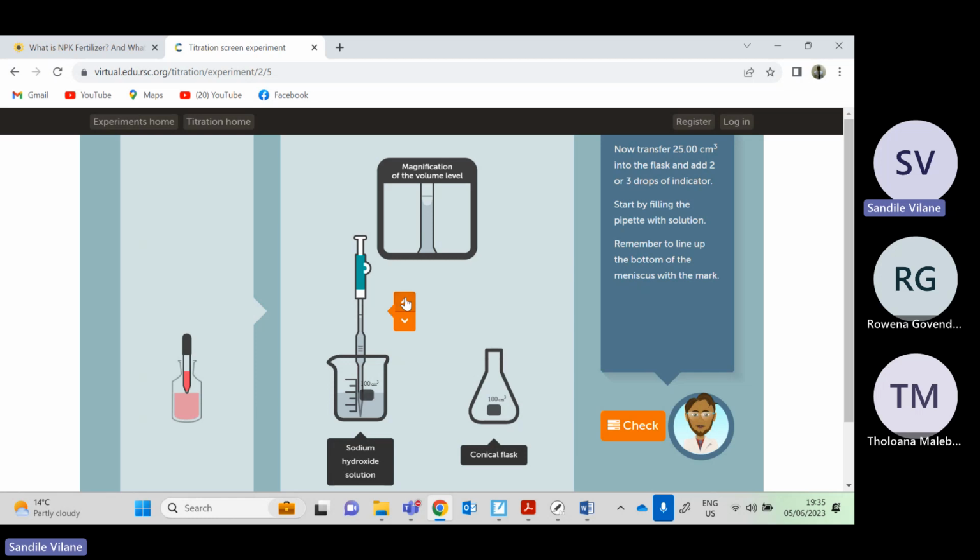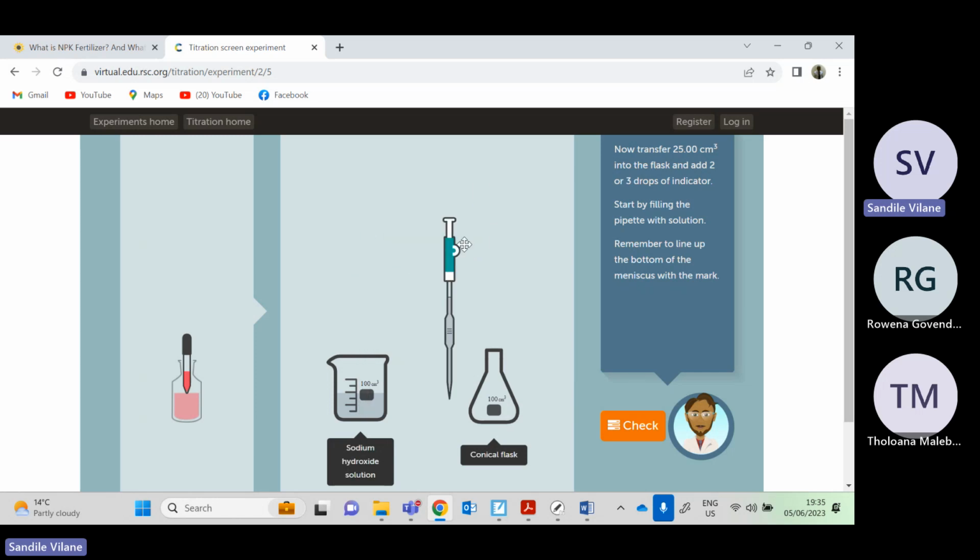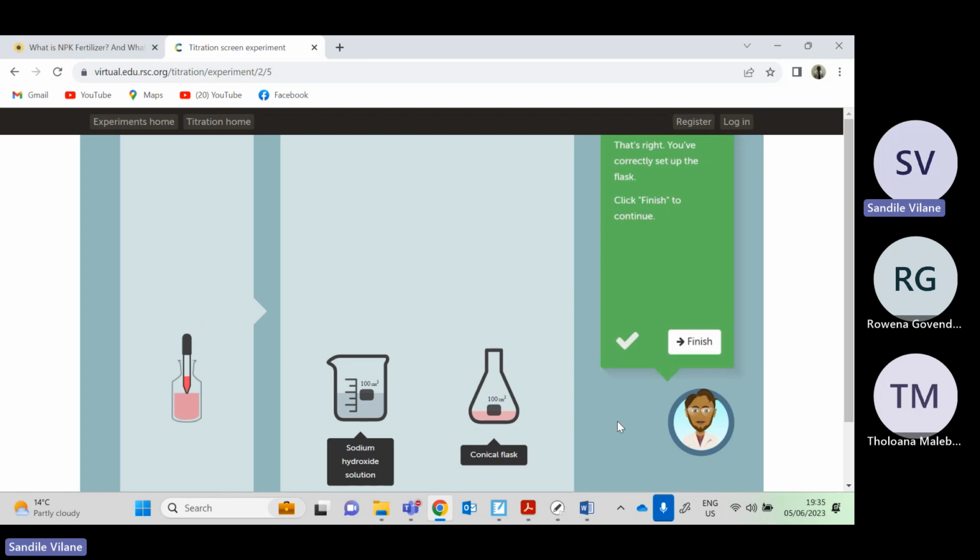There we go. And then we are going to now transfer this. And then we add 2 or 3 drops of the indicator, because indicator is the one that will help us to get the end point. They said 3 drops, and we are done. Okay, let us check. Is that correct? Yes.